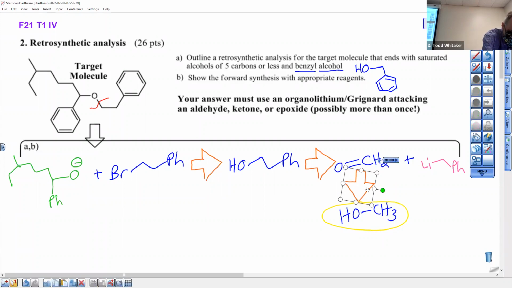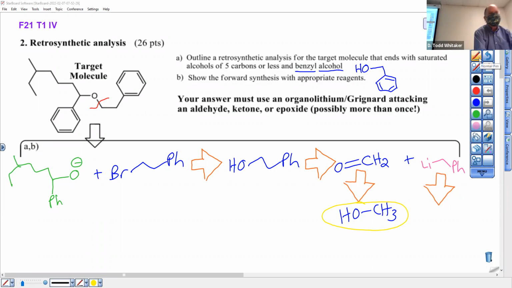And the question is, where does this benzyl lithium come from? Well, it comes from a benzyl halogen. All organolithiums and Grignards come from organohalogens. So just put your favorite halogen there. We love Br in this class.